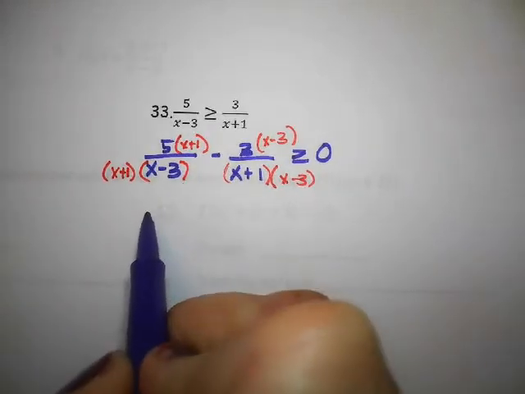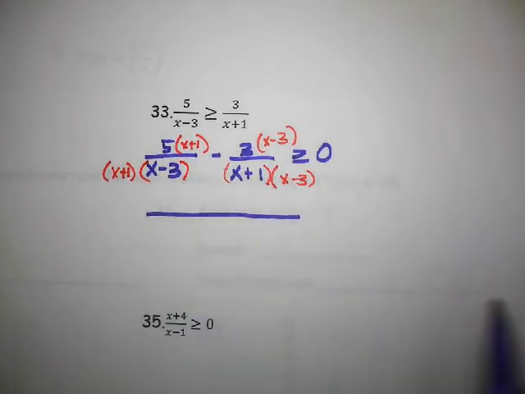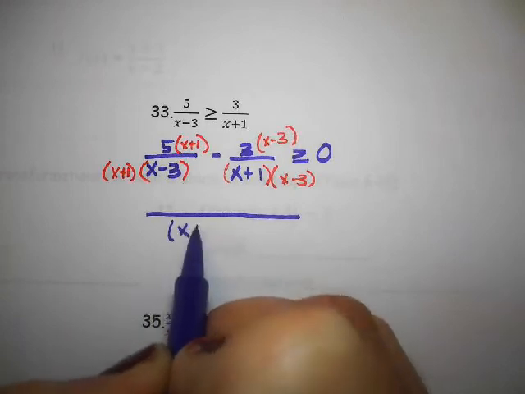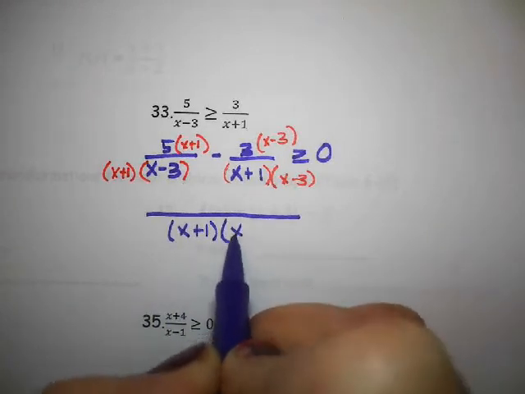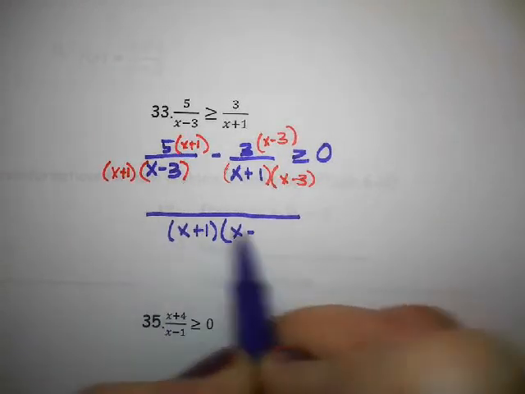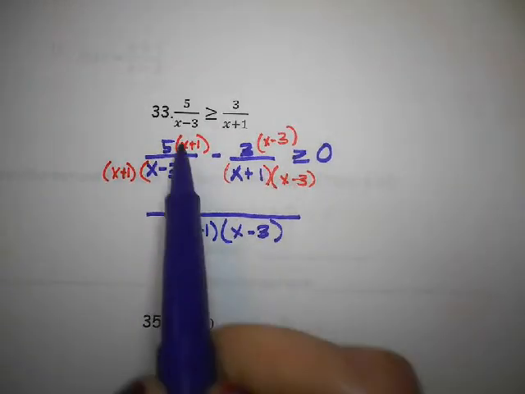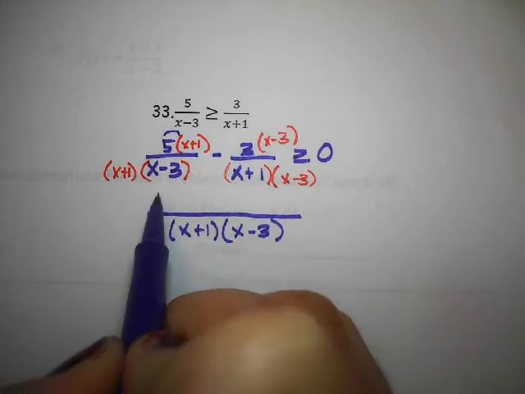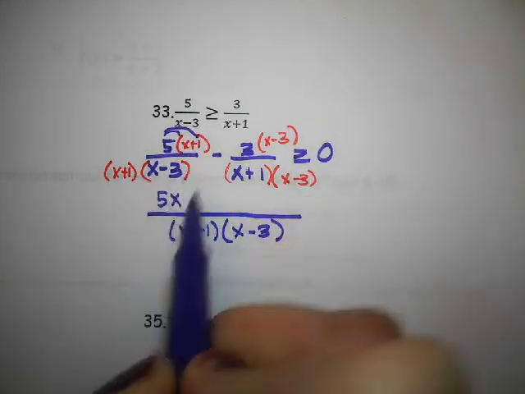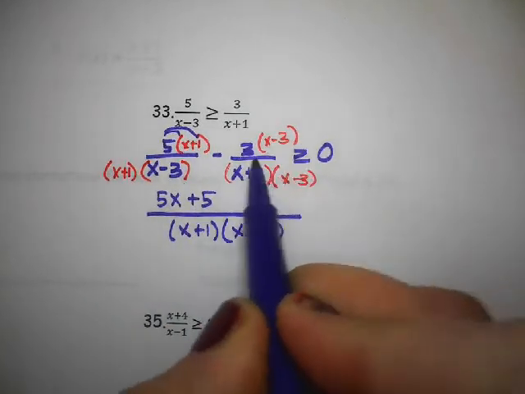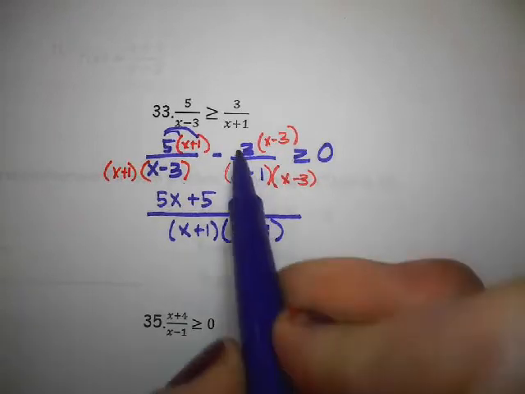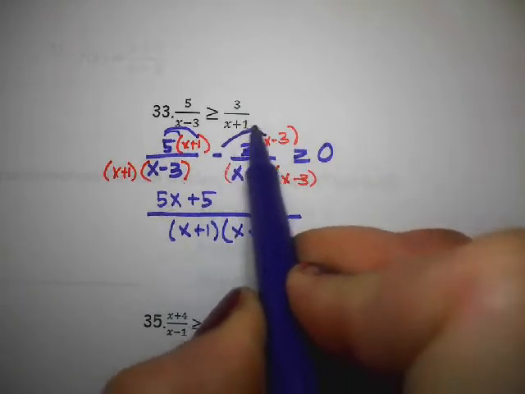Then I'll write it. My purpose of the common denominator was to be able to write it with just one denominator, x plus 1 times x minus 3. My numerator, I'm going to distribute my 5. So 5x plus 5. In this second fraction, be careful when you're distributing. Make sure you're distributing the negative 3.